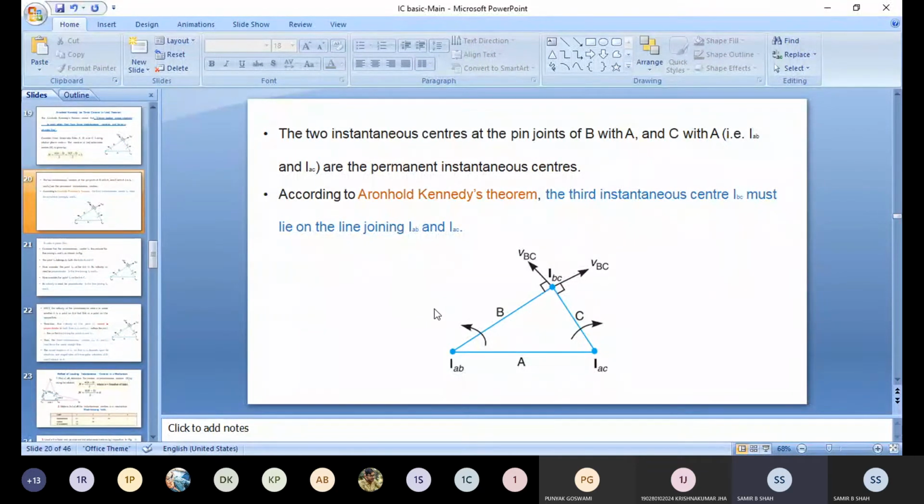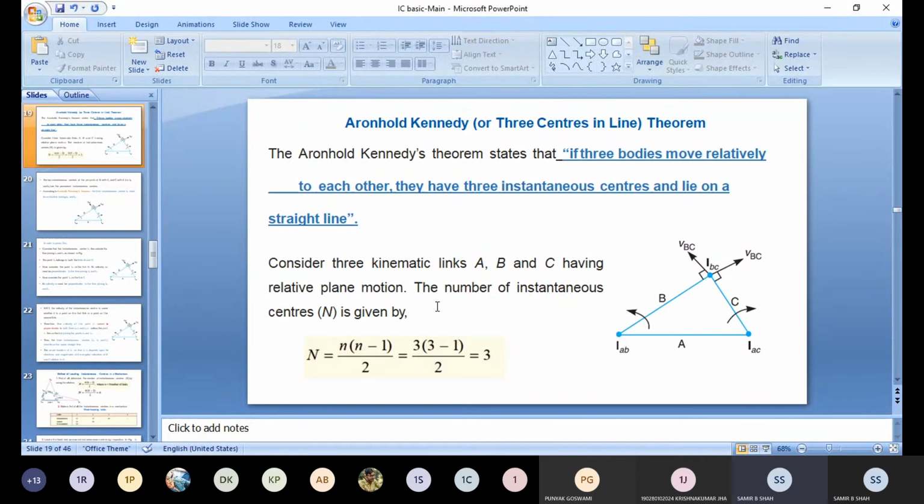What is the statement of Kennedy's theorem? It tells us that if three bodies move relative to each other, then they have three IC centers. Now that they lie on a straight line, we have to prove.